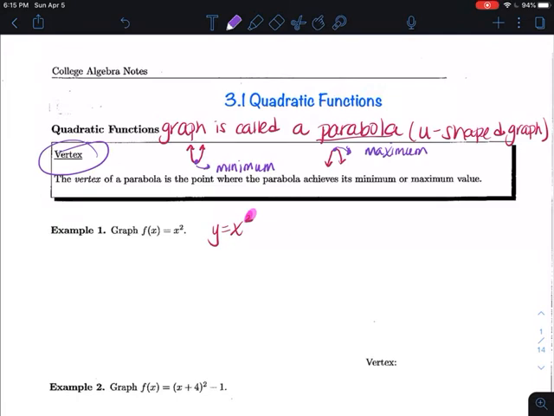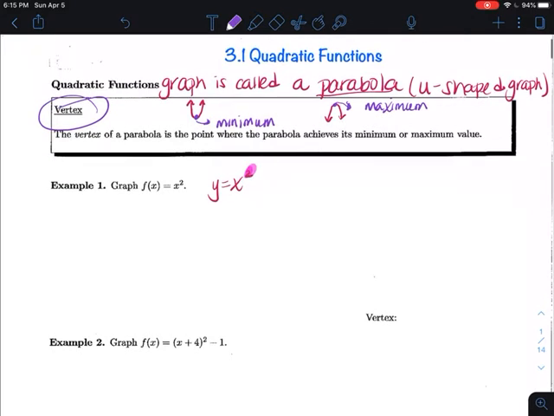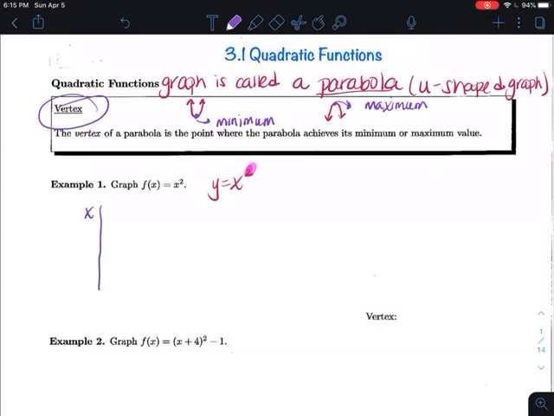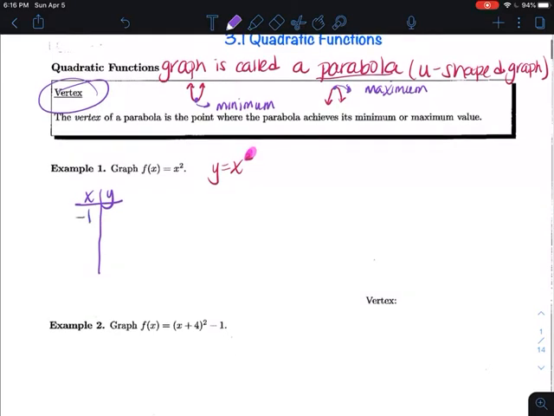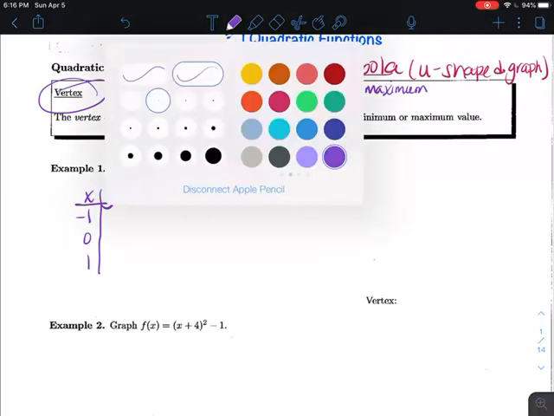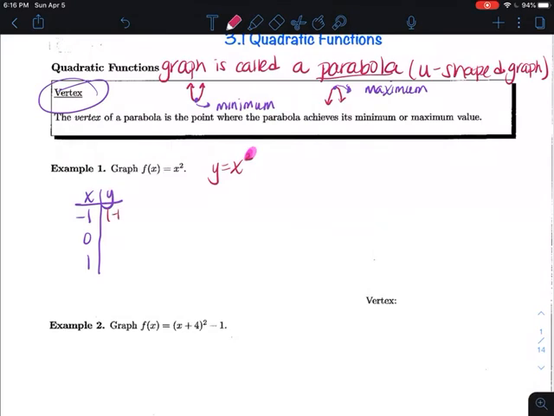I'll come back to that opening up and opening down, but let's look at the basic quadratic function. Go back to what we learned. So this is the graph of f of x equals x squared. We're going to just use a table of values like we did in the past, and we're just going to sketch 3 points, using x equals -1, x equals 0, and x equals 1. To get the y value, I need to square x. So -1 squared is 1, 0 squared is 0, 1 squared is 1.